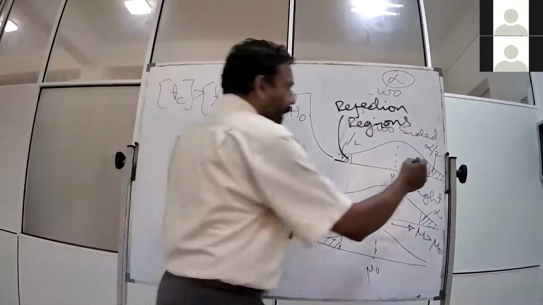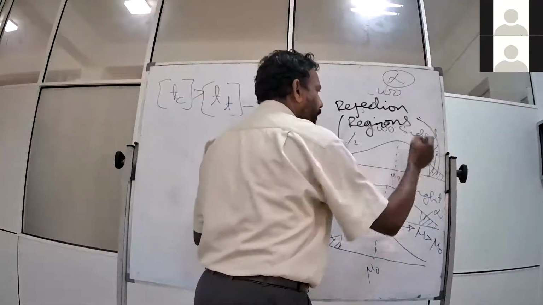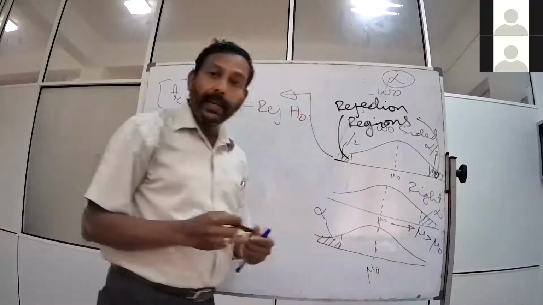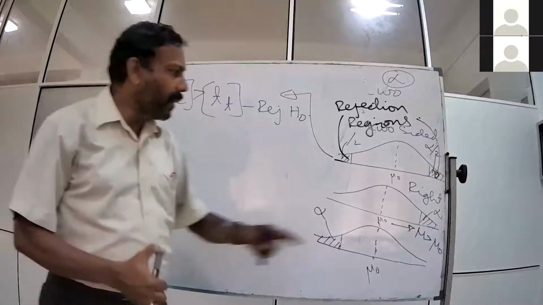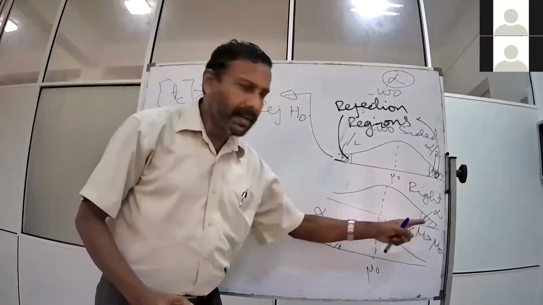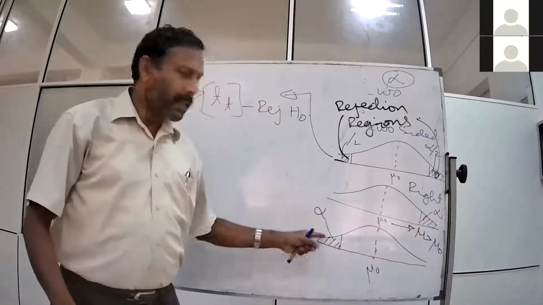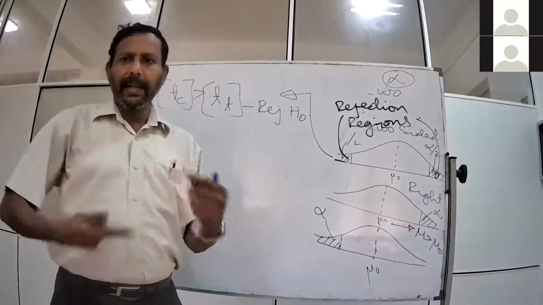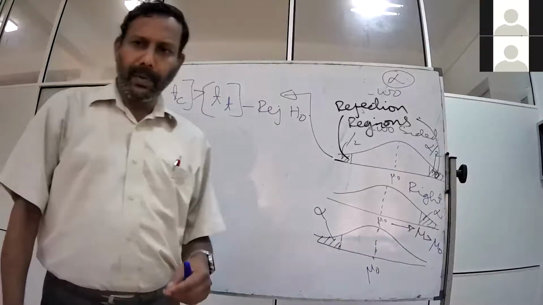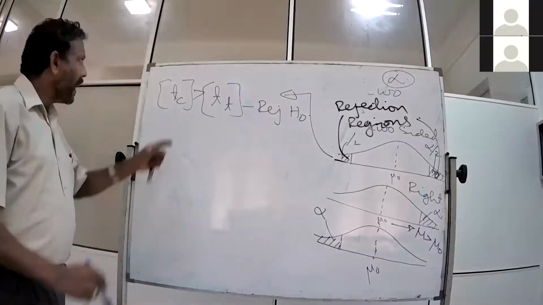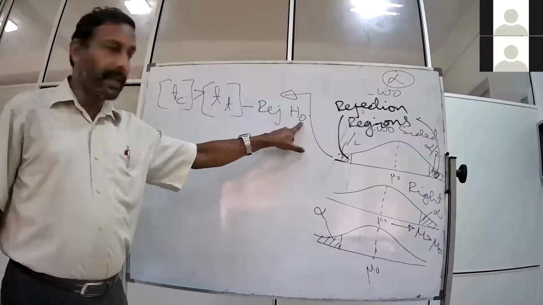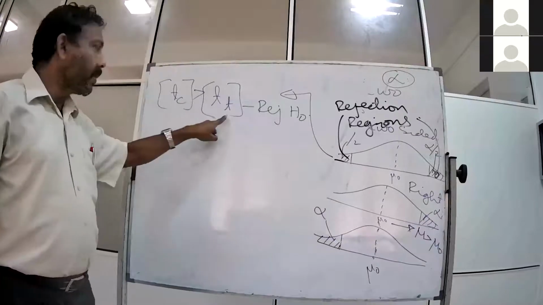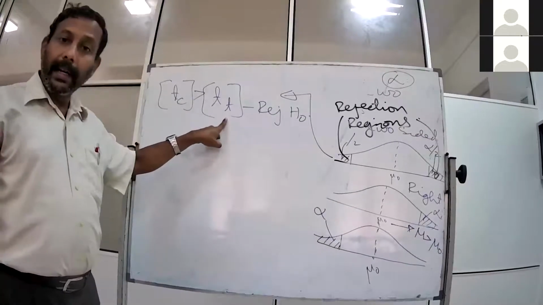There are two rejection regions when you have a two-sided test. When you have a one-sided test, you have only one rejection region, either on the right or on the left. We will see that with the example answer. So the decision-making process for rejecting the null hypothesis: if the calculated value is greater than the table value, we reject it.